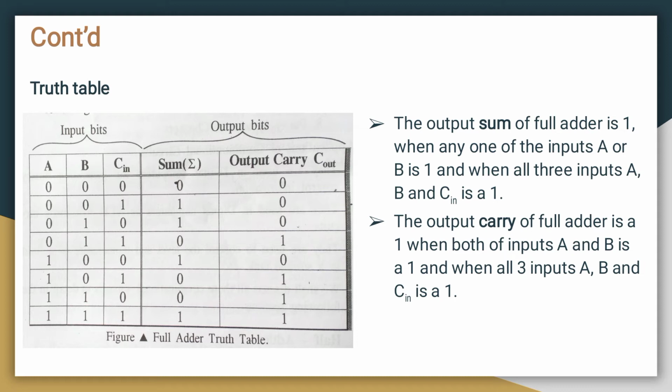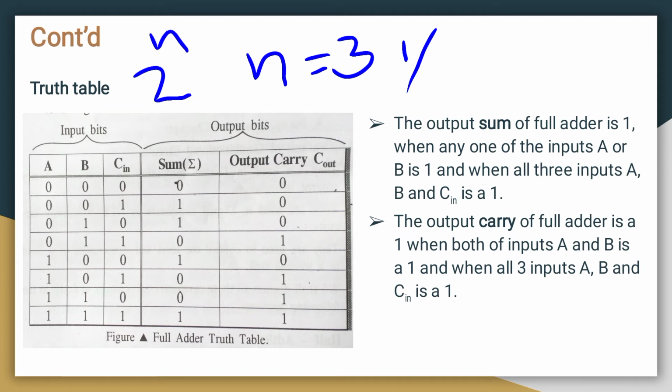So here you are going to use the formula 2 to the power of n, where the n value for this is 3. 3 is the number of inputs. Next, we are going to check what the output is. So 2 to the power of n, where n is 3, depending on this formula we have to calculate.